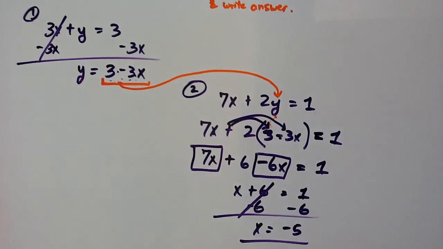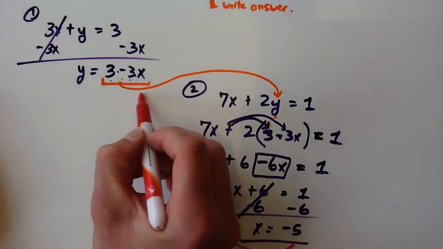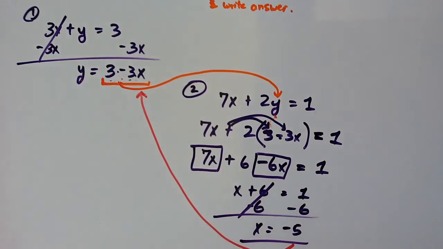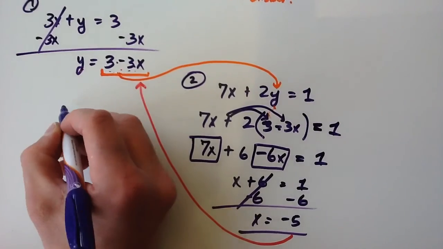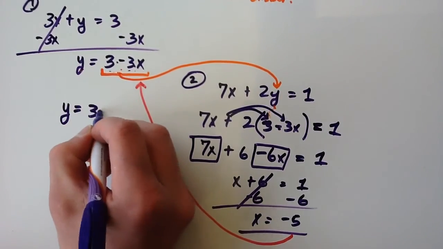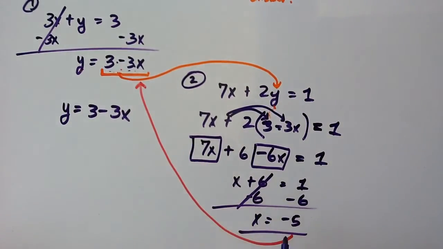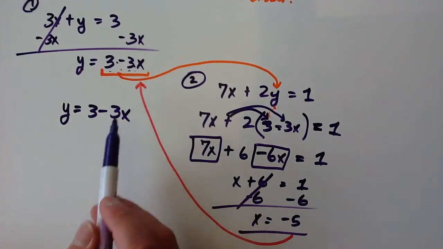And so we're going to take this value we found for x, which is -5, and plug it into that expression right there so that we can solve for y.